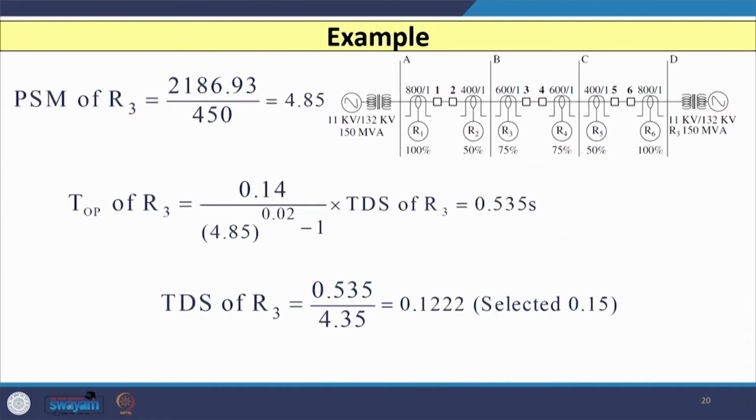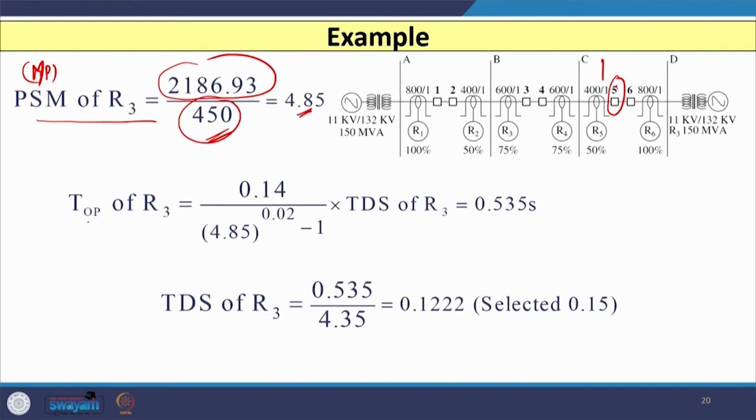For that we will first calculate the plug setting multiplier of relay R3. Using the same current from breaker 5, divided by the plug setting of relay R3, that is 75% of 600 ampere, which is 450 ampere, this value is 4.85.